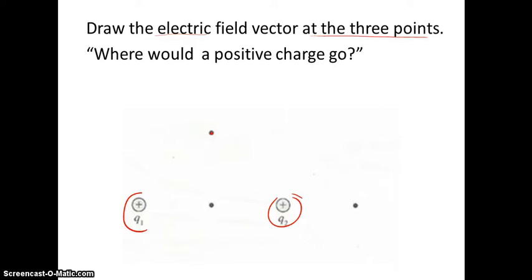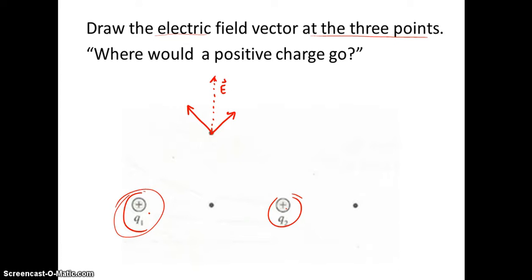Let's ignore this charge for now and just look at this charge: if I put a positive charge here, the electric field created from this charge would be in this direction. How about from this charge? The electric field created here would be in this direction. If I add up those two vectors, I get this vector. So this would be the direction of the electric field at that location.